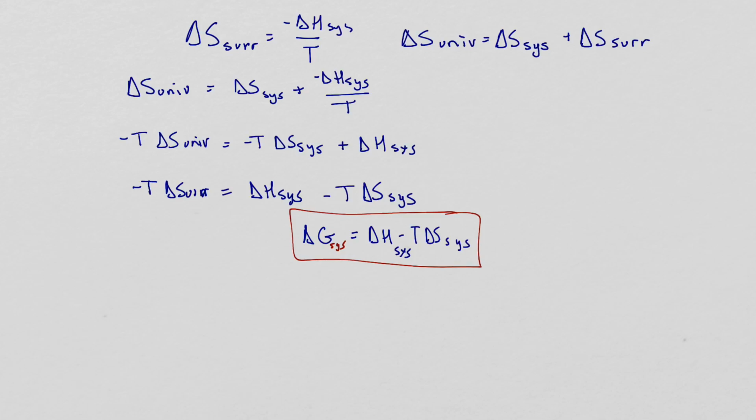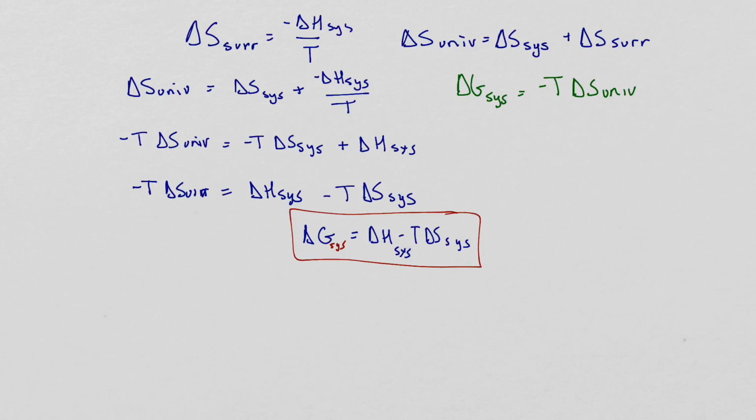Now, if this is equal to delta G of the system, that also means that the delta G of the system is equal to minus T delta S of the universe.